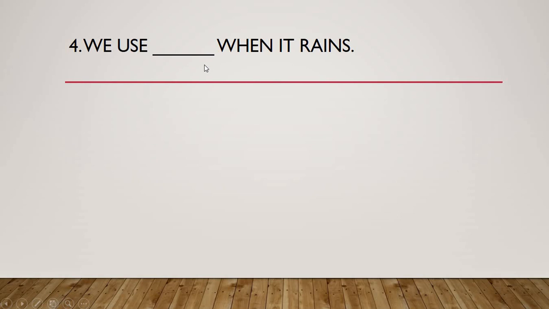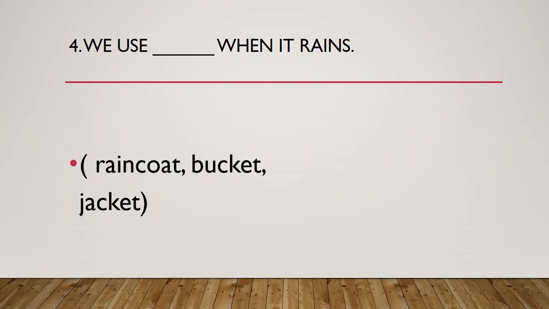We use dash when it rains. See, we use umbrella, we use raincoats, we use many things to protect ourselves from the rain, from getting wet. So let me show you the options: raincoat, bucket, jacket.